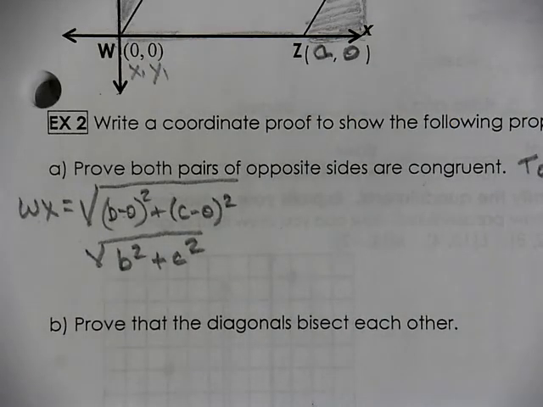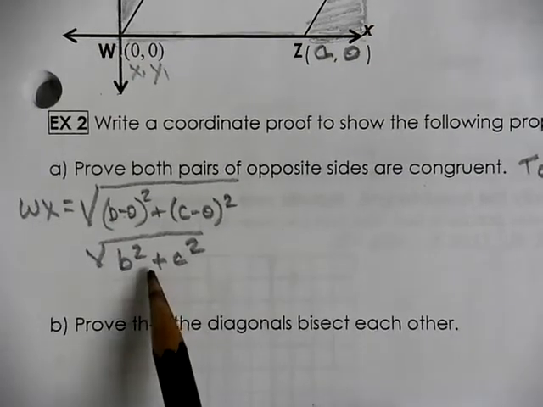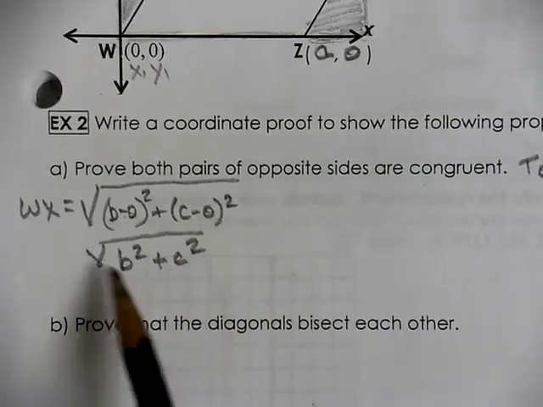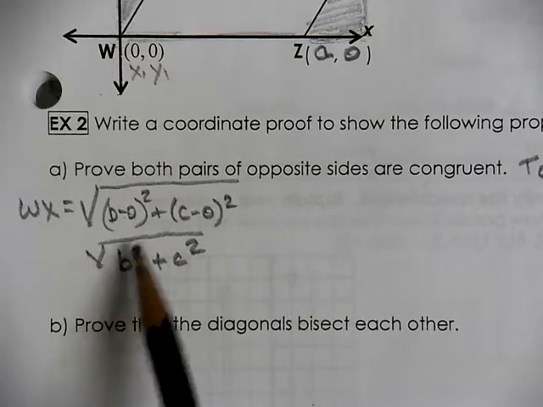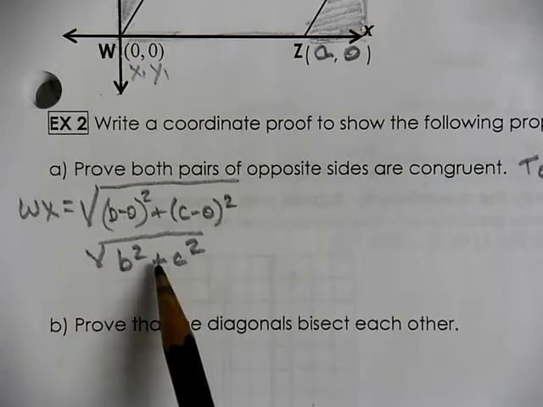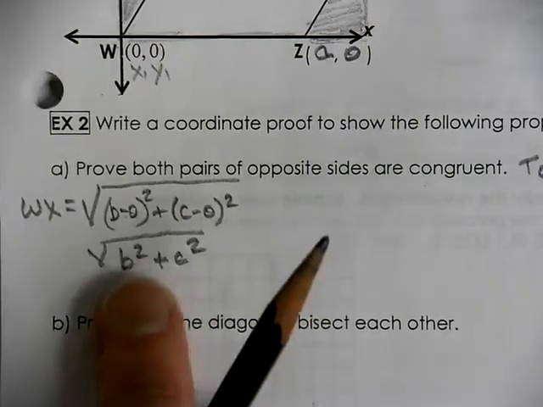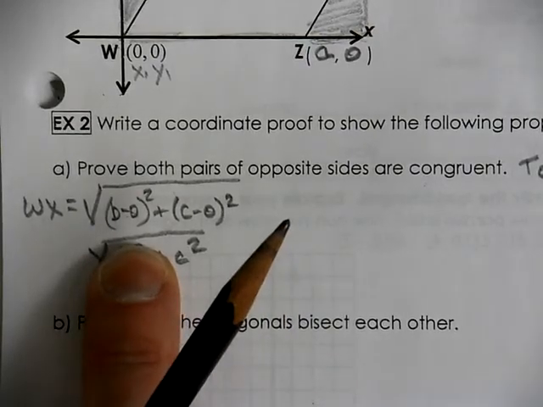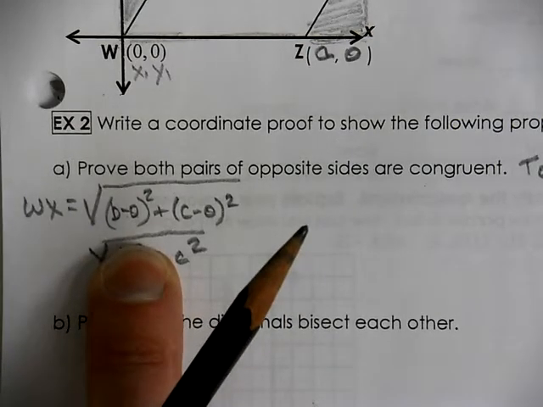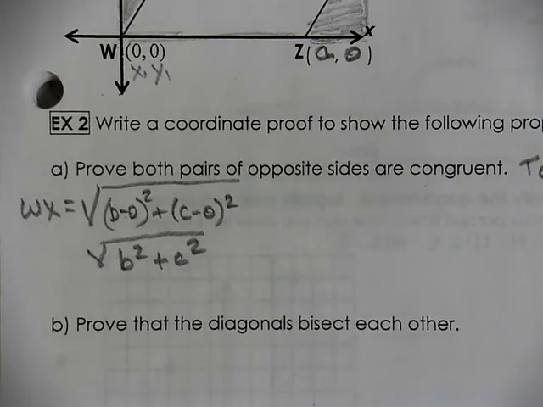We cannot simplify that any further. Because of the plus, we cannot take the square root of the b squared or c squared. If there was no plus there and it was just c squared, you could take the square root of that. But you cannot take the square root if there's a plus.